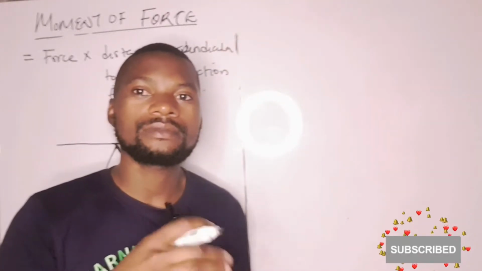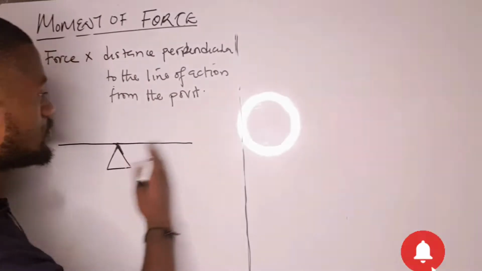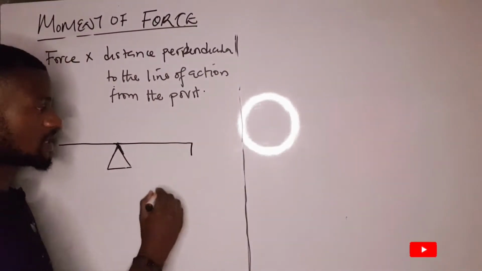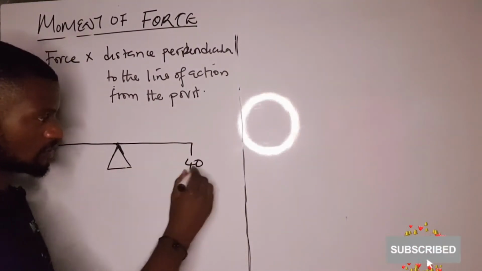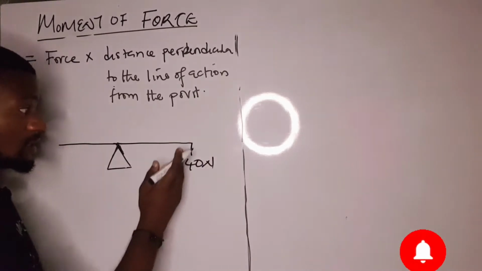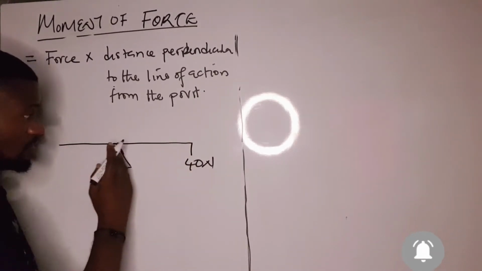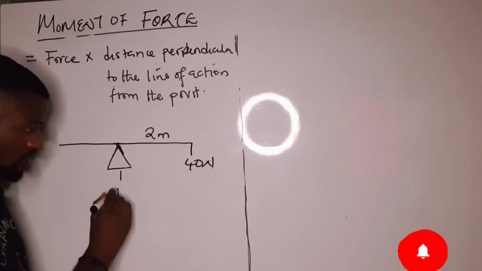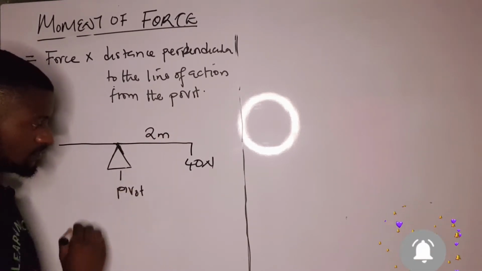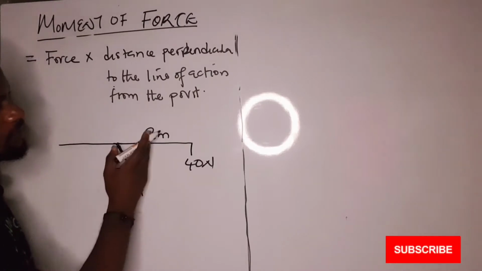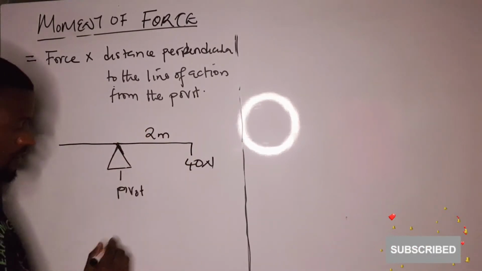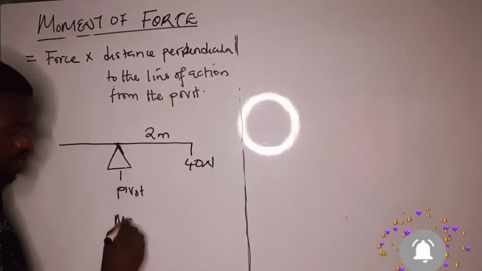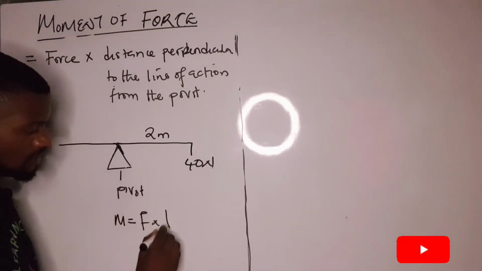So what it means is that if you have a metal bar, then you suspend 40 newtons, and the distance from here up to the pivot is 2 meters. So this is our pivot here. The moment of force for this is going to be moment is equal to force times distance.